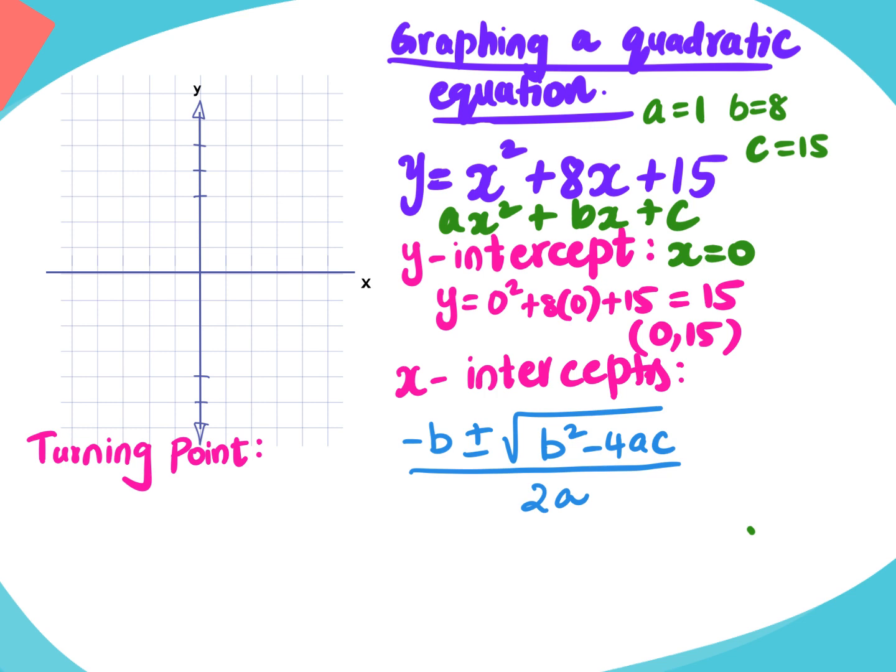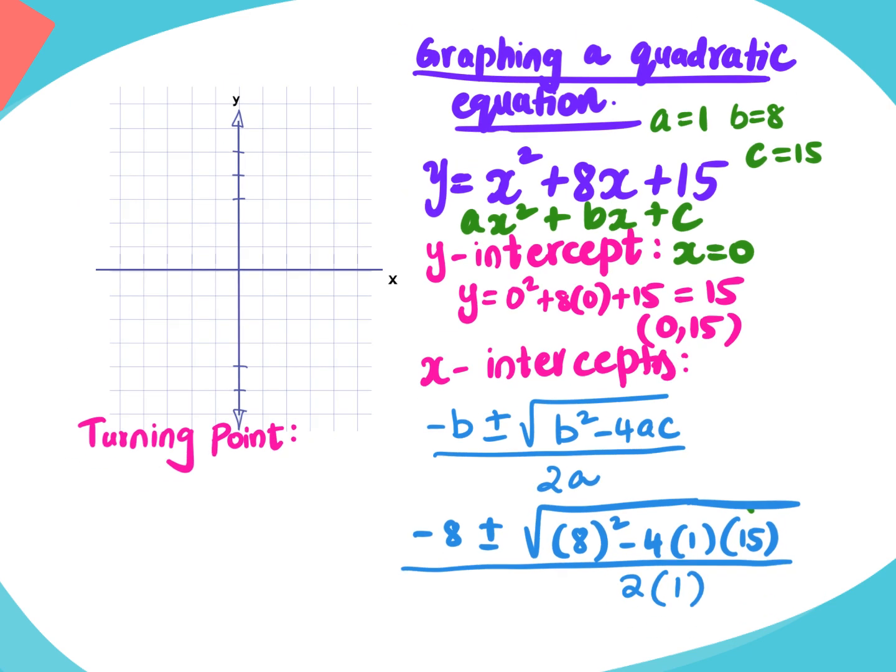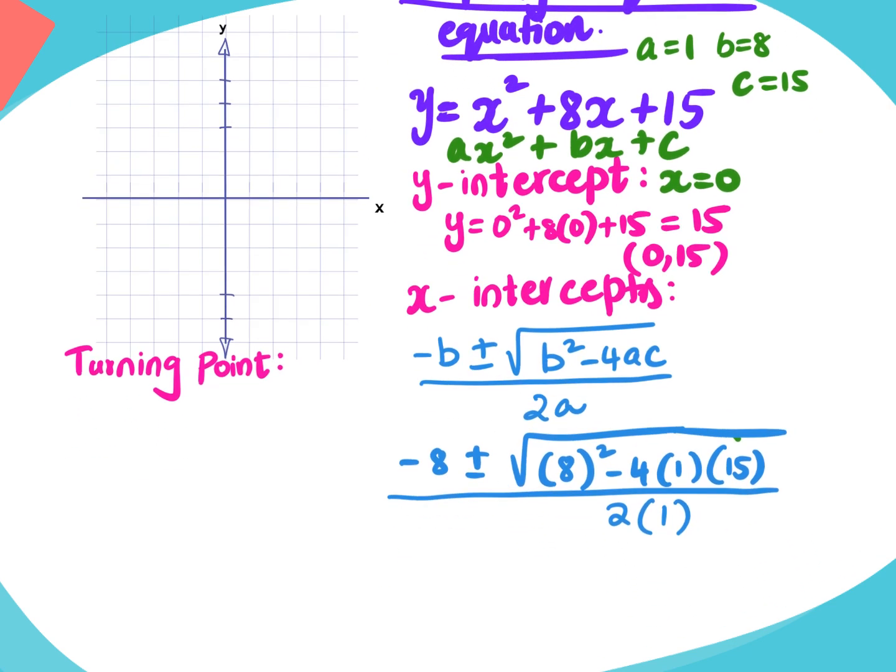Just refer to your reference sheet. So minus of 8 plus or minus square root of 8 squared minus 4 times 1 times 15, divided by 2 times 1. If you do that in your calculator, you should be able to get your x-intercepts.